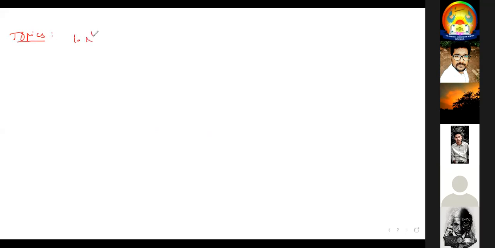First one, number of terms: in the binomial expansion, how many terms are there?